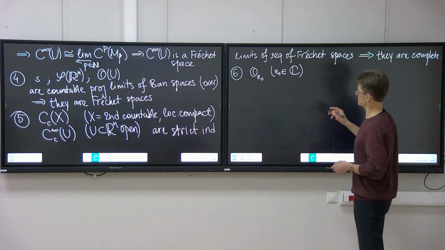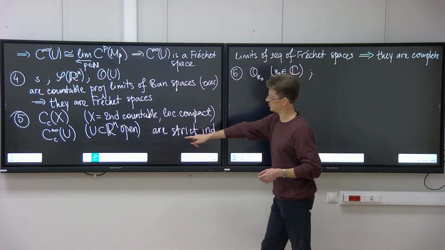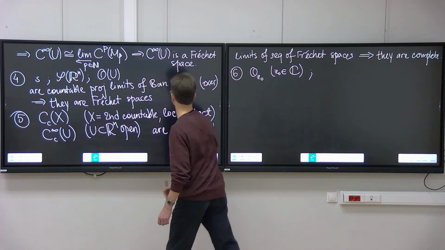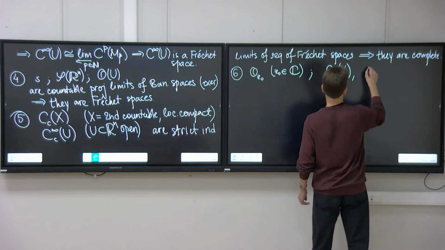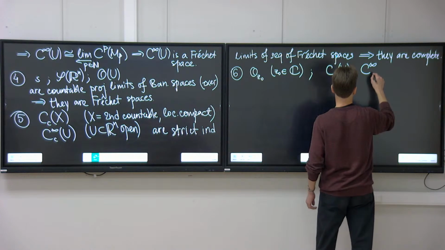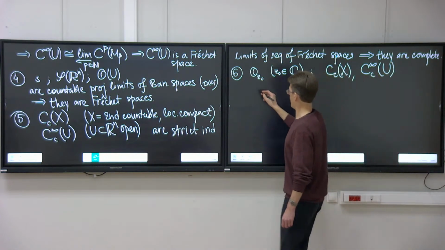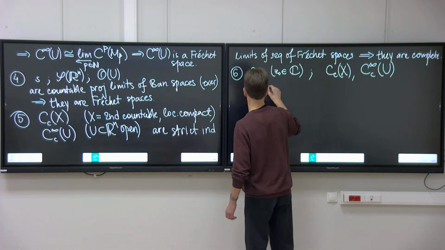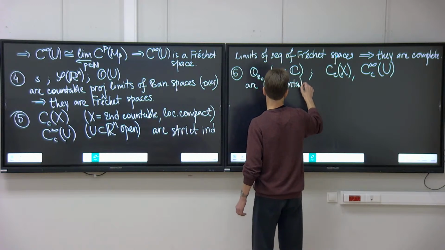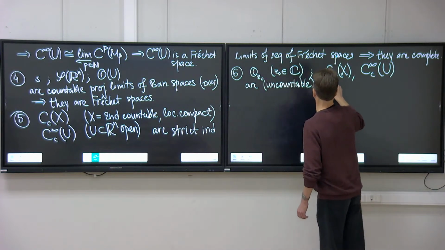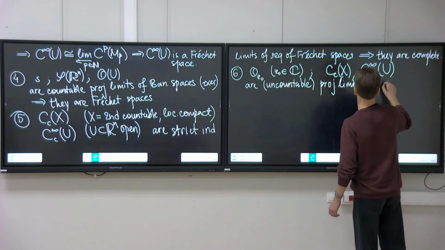We may take this space. Actually, the same argument applies to these two spaces, the spaces of continuous or smooth compactly supported functions. So all of them are projective limits, but now uncountable projective limits of Banach spaces.